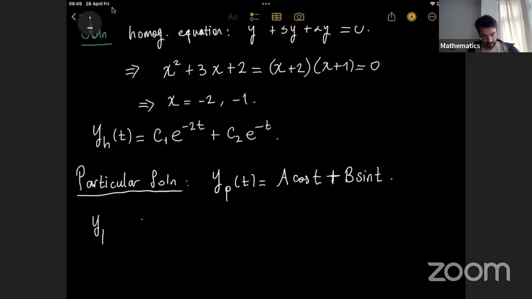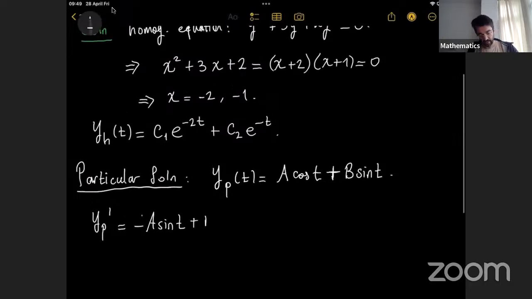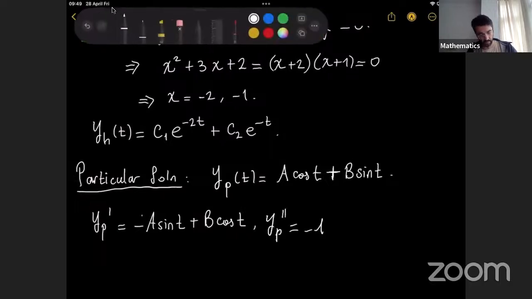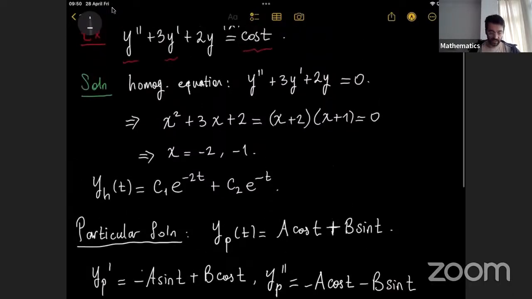What is yp prime? It's minus a sine t plus b times cosine t. This is the first derivative, and the second derivative is minus a cosine t minus b sine t.